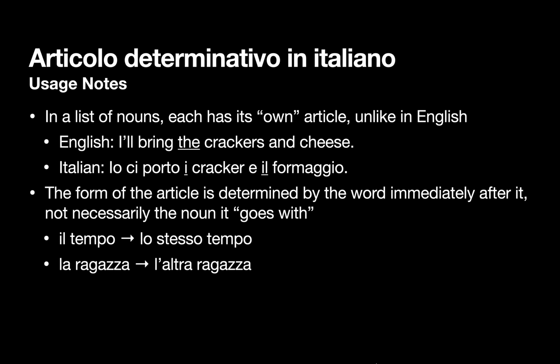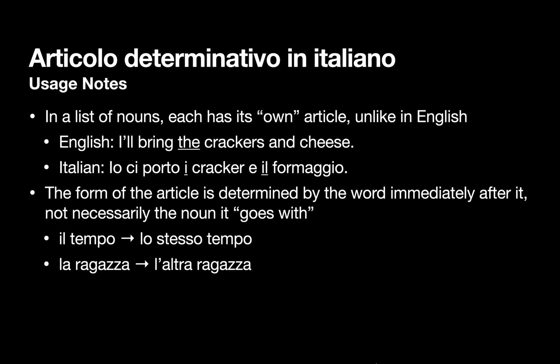So, for example, il tempo means time, but we would say lo stesso tempo, the same time. Il tempo, because tempo starts with T, but lo stesso tempo because stesso starts with S plus a consonant, so we use lo.